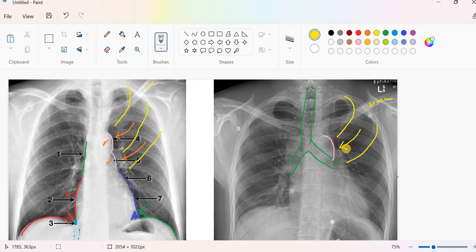And as I told you, the aortic knuckle means the end of the aortic arch before converting into the descending aorta. So now this is the aortic knuckle.